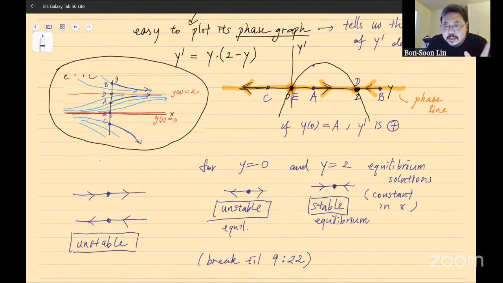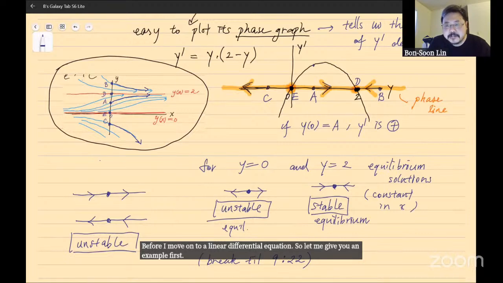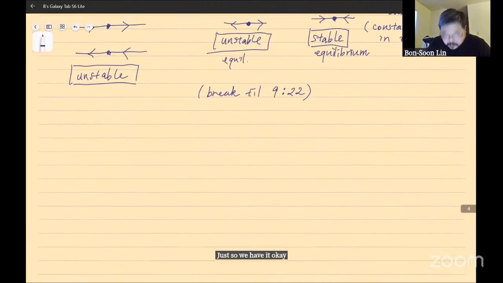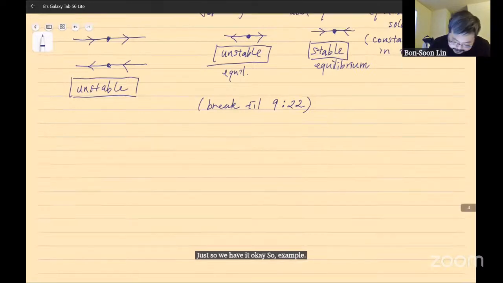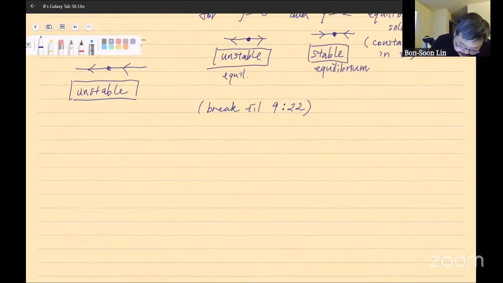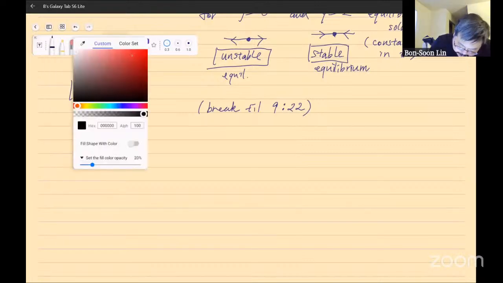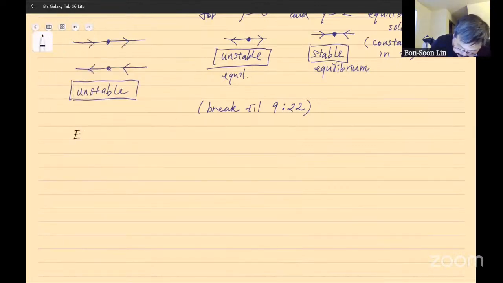So let me give you some examples of this equilibrium situation before I move on to a linear differential equation. Let me give you an example first, just so we have it. Let's consider this differential equation that is autonomous.